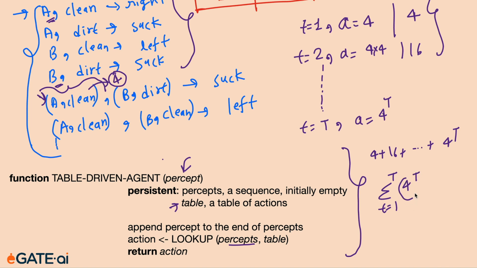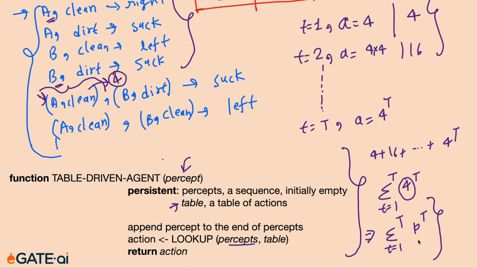Here 4 is the number of possible percepts. So we can derive a formula that the number of entries at time t would be P to the power t, where P is the number of possible percepts. You can see that even for this simple vacuum cleaner world, the number of entries would be too many, so this is practically impossible.